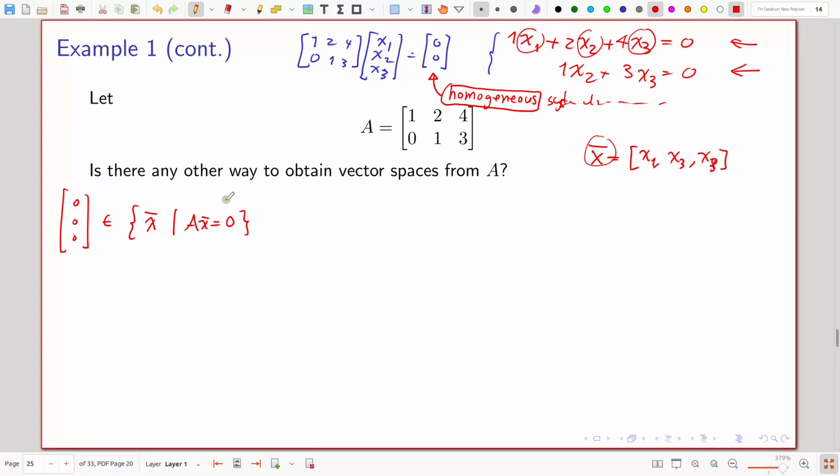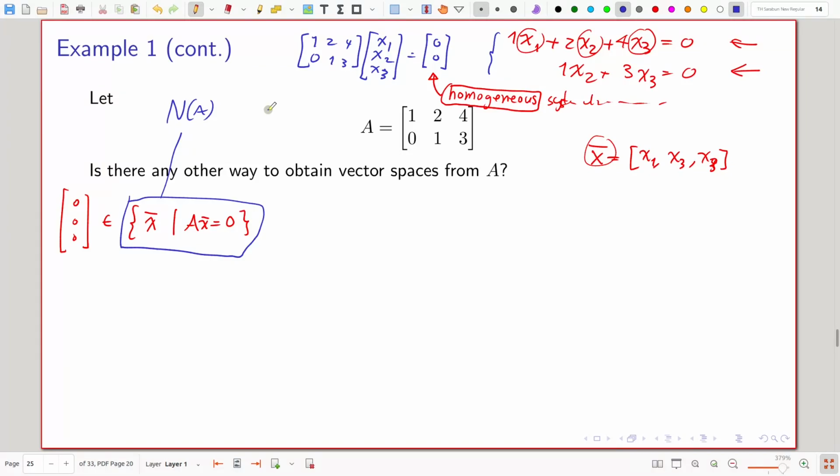So we will write this space as a span of some set of vectors, and we refer to this set as the null space of A. So the null space of A is the set of vectors that is the solution of this, but it also has other meanings. I'll show you later, but let's look at this in terms of a set of linear equations.